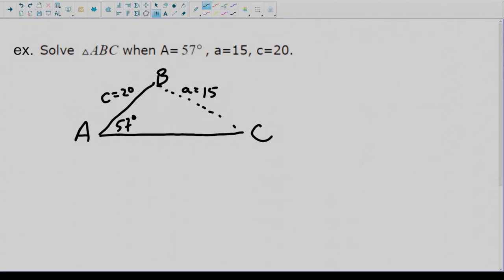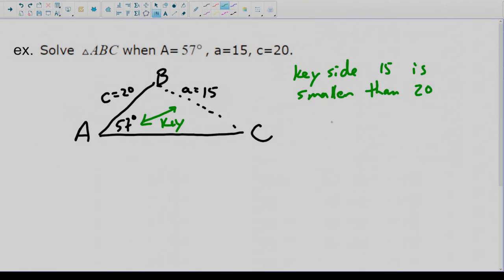Okay, now I know this is a sine law scenario because of my key, but my key side, 15, is smaller than the other side. So as soon as you see that, you have to say, uh-oh, what's going on?